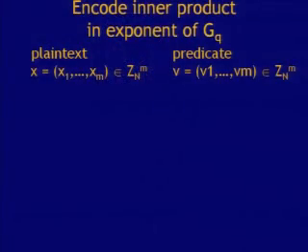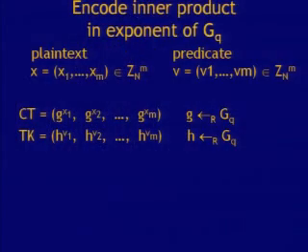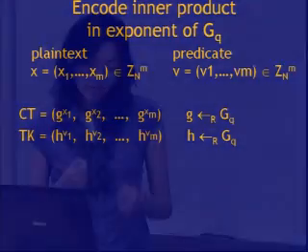Okay, so again, we have a plaintext x, which is vector x1 through xm, and a predicate v1 through vm. And we want the evaluation of a token on a ciphertext to come out to 1 if the inner product is equal to 0. So as a first attempt, for the ciphertext, first just generate a random element G of the subgroup GQ and raise G to the powers x1 through xm.